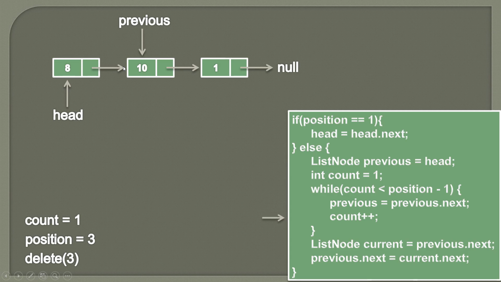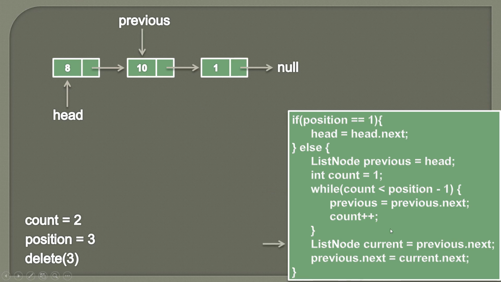We'll increment count by 1. Count becomes 2. Now this condition comes out to be false because 2 is not less than 2. So this while loop will terminate, and we have reached the node which is just previous to the node we want to delete, which is at position 3.